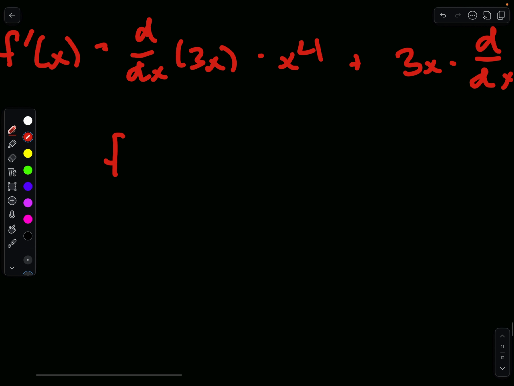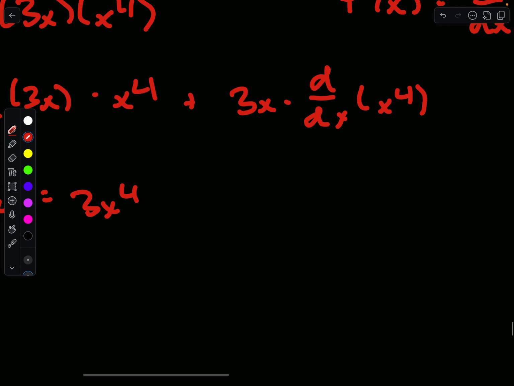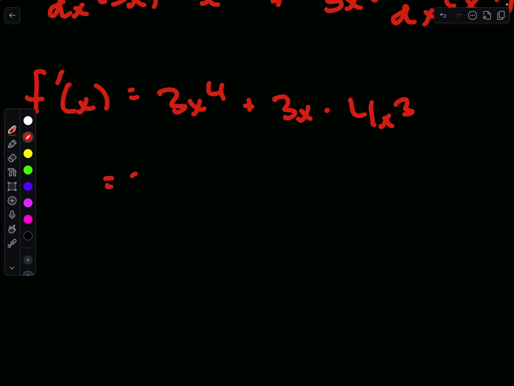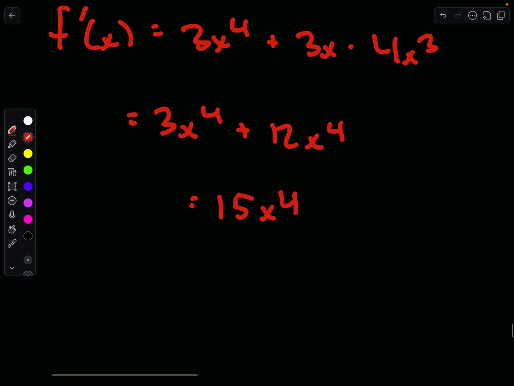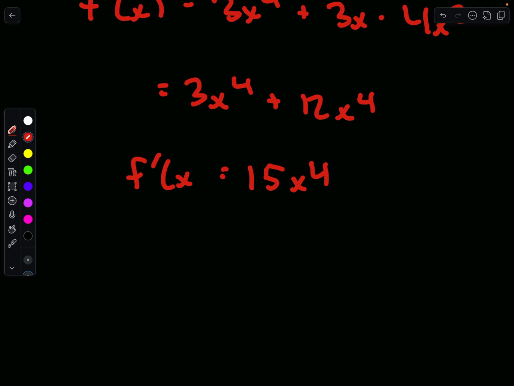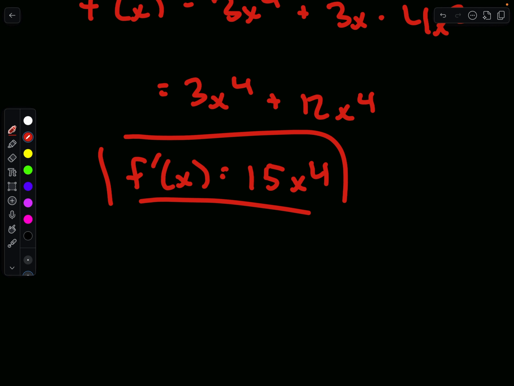If we simplify this, we get f prime of x equals 3x to the fourth plus 3x times 4x cubed, which just simplifies to 3x to the fourth plus 12x to the fourth, which is 15x to the fourth. So that is how you compute that problem.